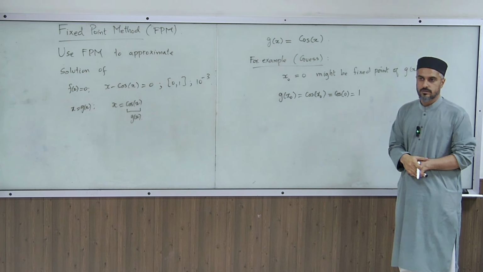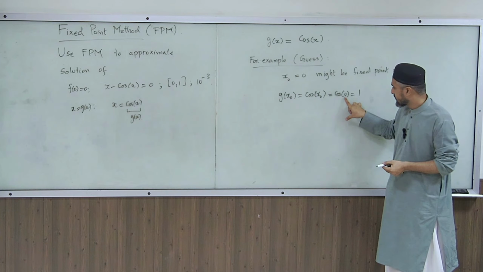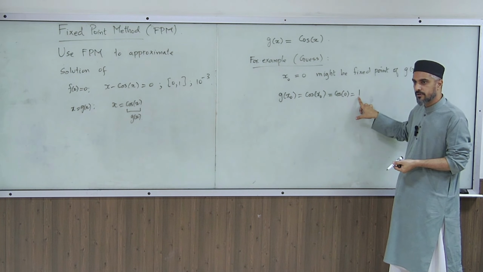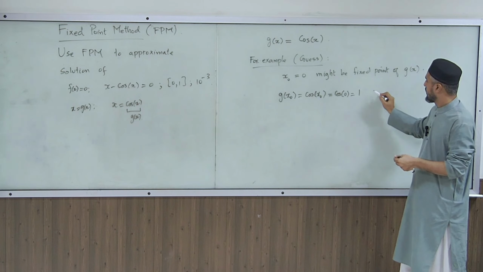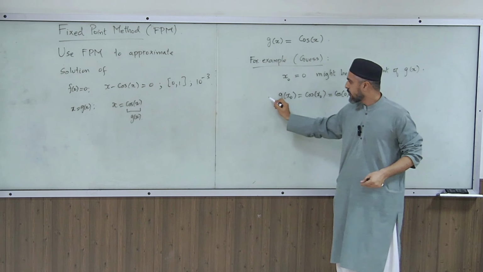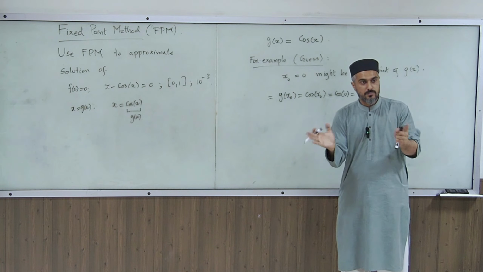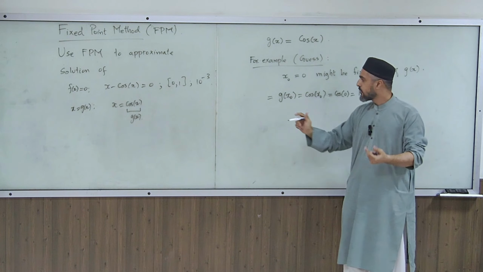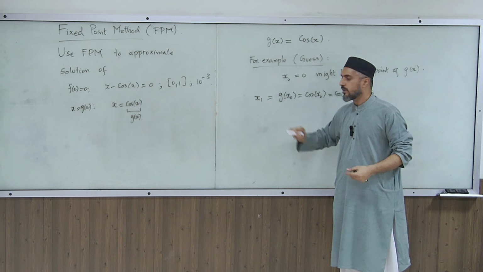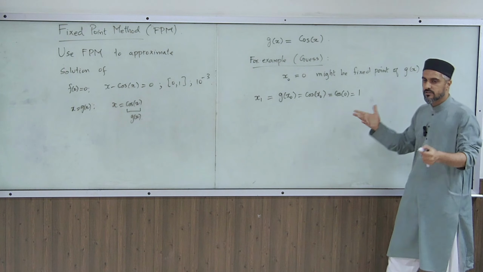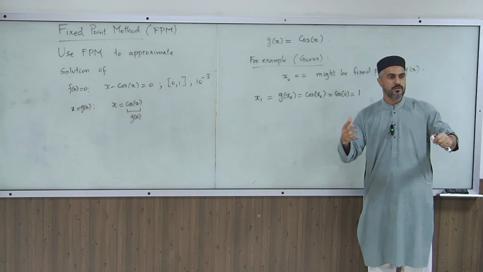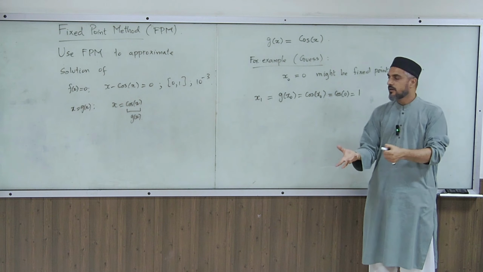So what is the answer? 1. What is the input? What is the output? They are not the same, obviously different numbers, so let me call the output x1. Let x naught be the initial value.